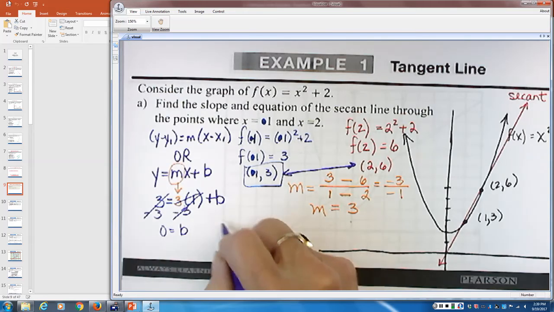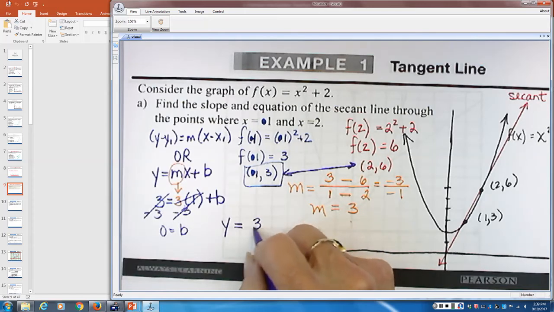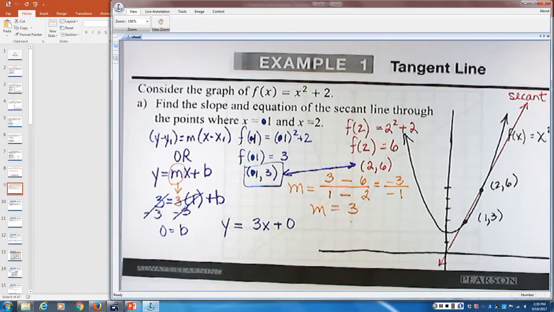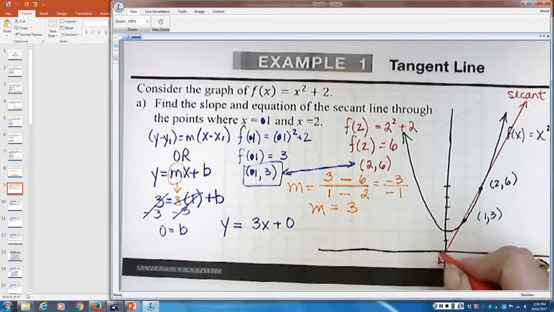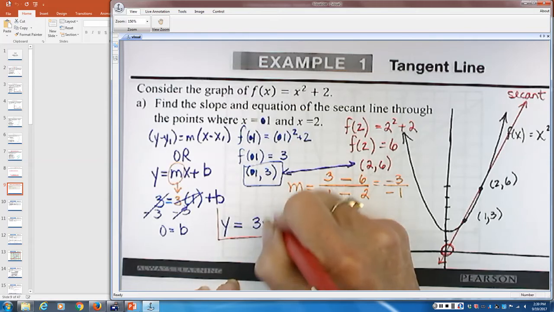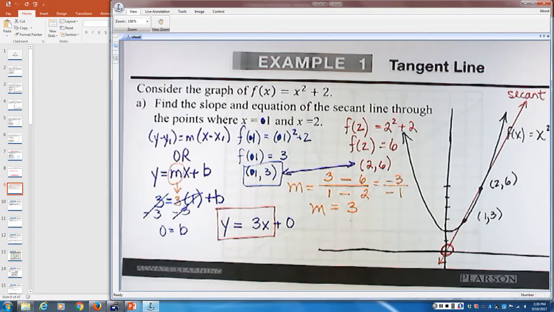So looking at y equals mx plus b, y equals 3x plus 0. And since we don't usually write down that 0, even though, if you notice down here, when I extended the line, that is the right y-intercept. There's the equation of the secant line.